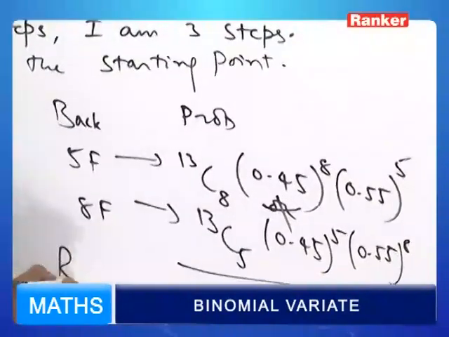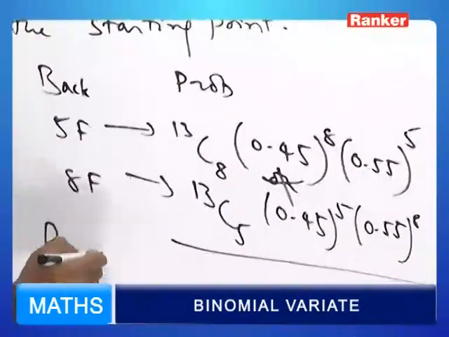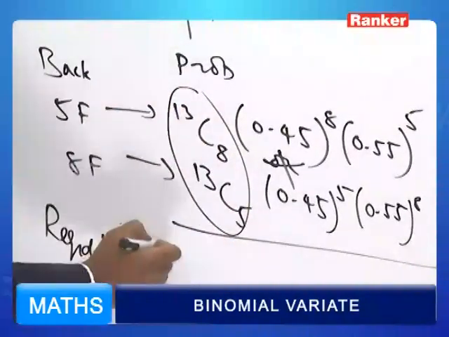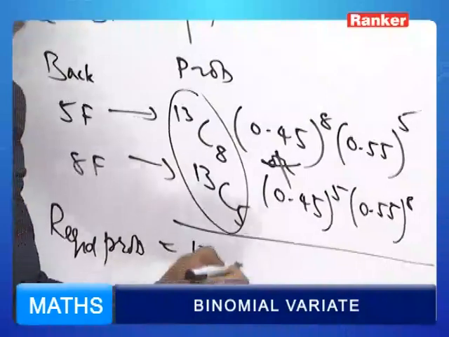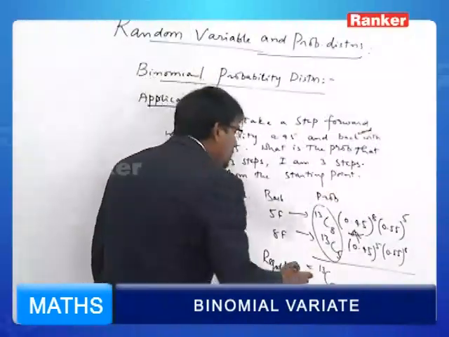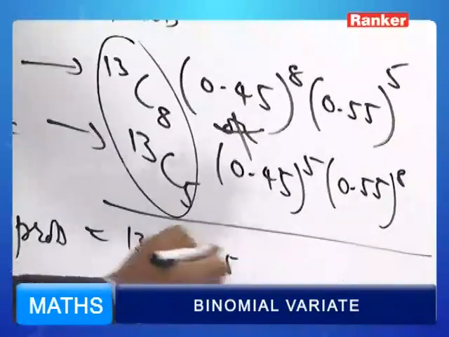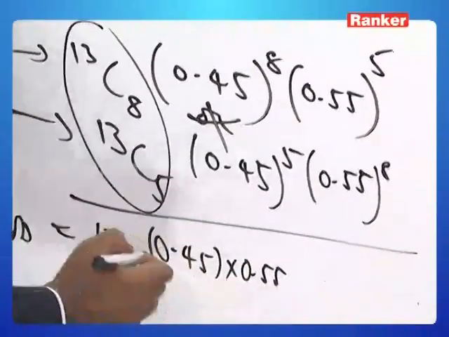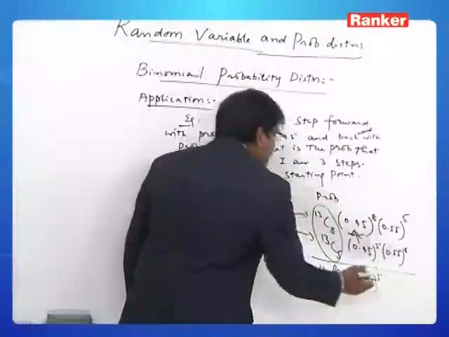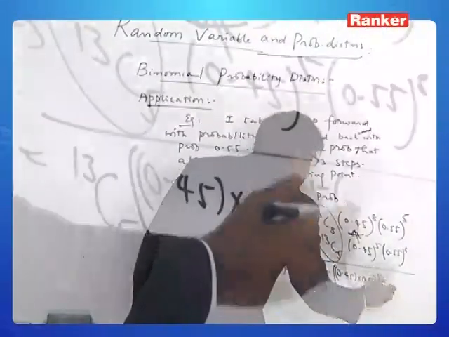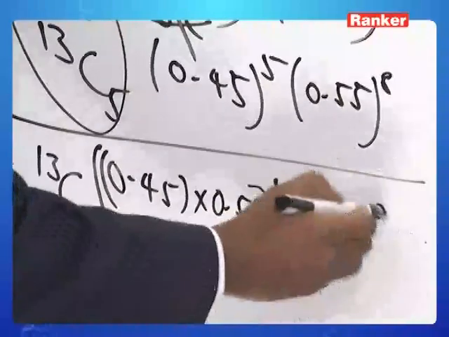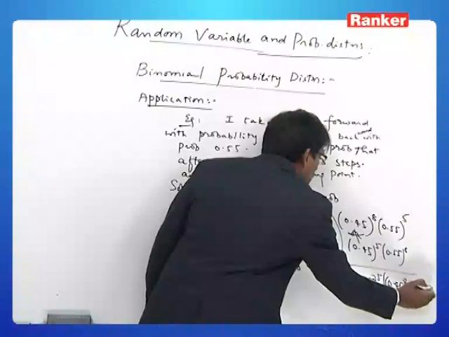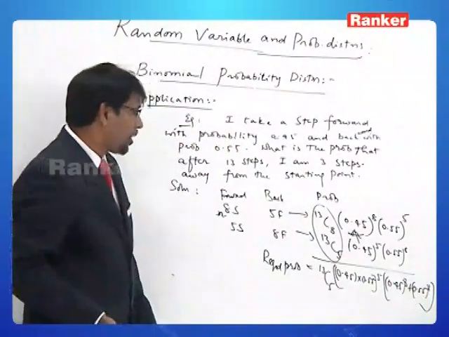The required probability will be the sum of these 2. 13C8 and 13C5 are one and the same, so let me take it as 13C5. 0.45 into 0.55, whole thing raised to the power 5, that's common. And now you have 0.45 cubed plus 0.55 cubed. Okay, so this is the required probability.